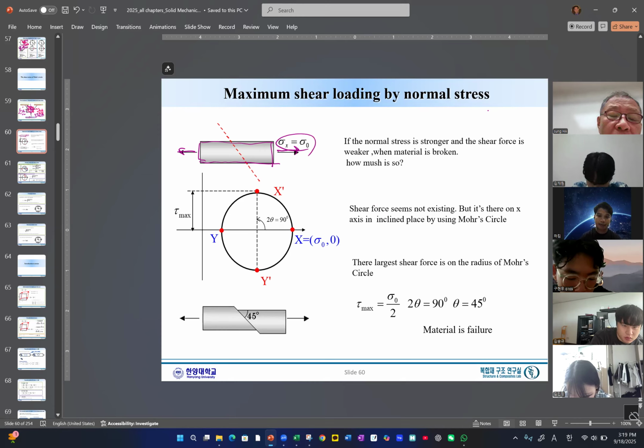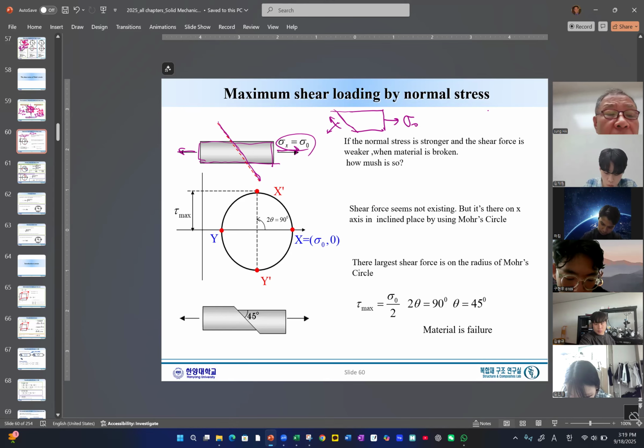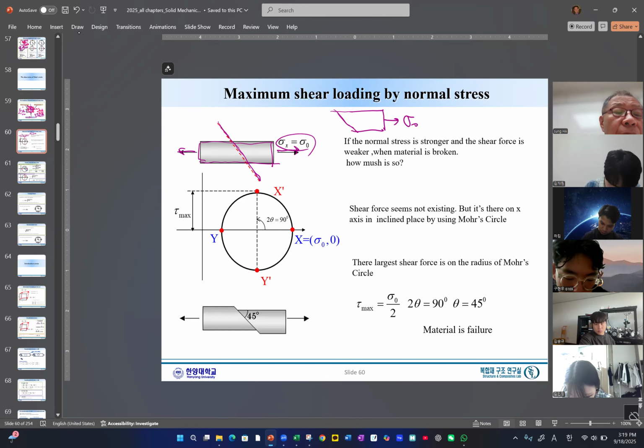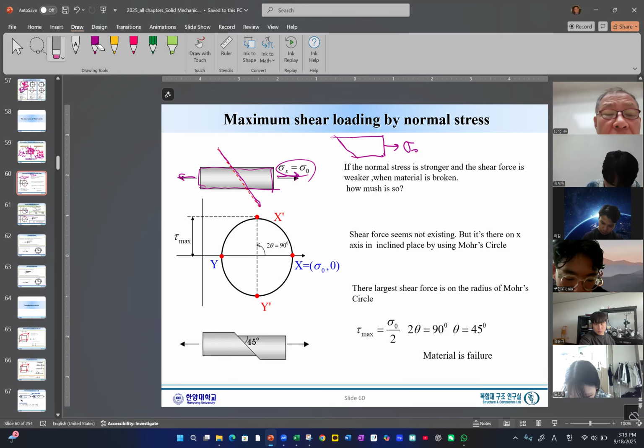Now, what if we look at this plane? What's going on in this plane? Or I would like to plot it like this. This is sigma 0. And if we have this plane, what will happen here? You can immediately see that there will be only normal stress.